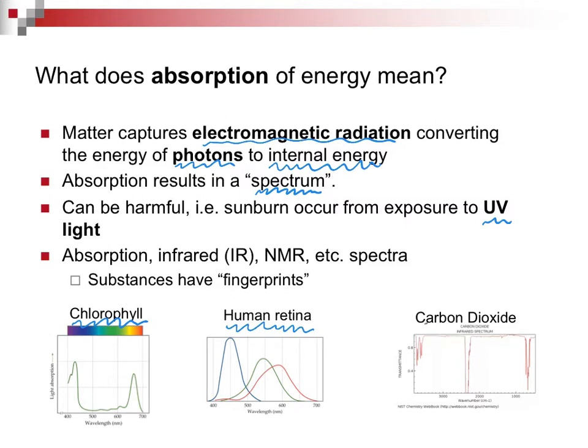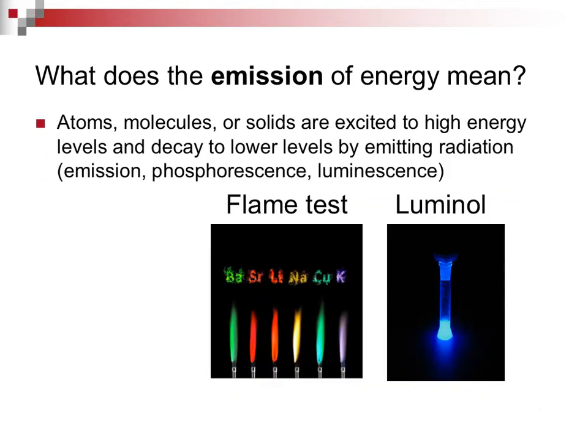And then there's looking at the spectrum of carbon dioxide, which lets people understand what goes on in the atmosphere. So all of these things are called spectra, and substances have what we call fingerprints, and you can see the 3 examples below.